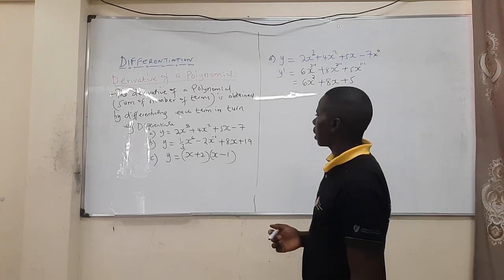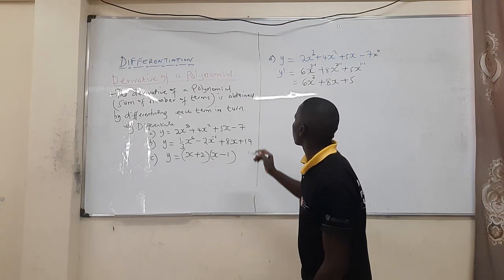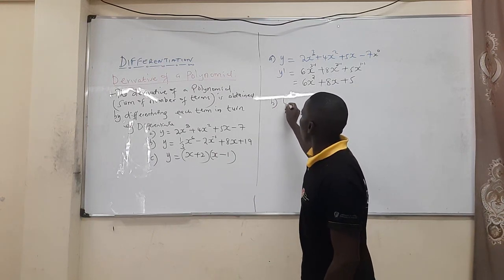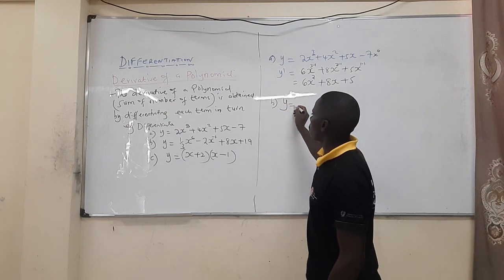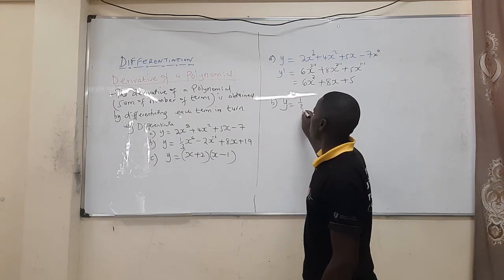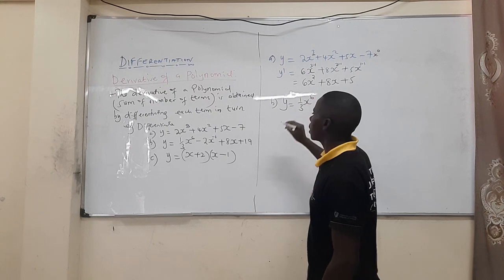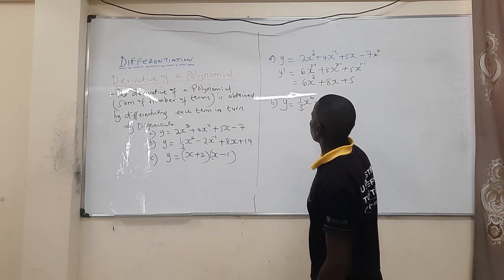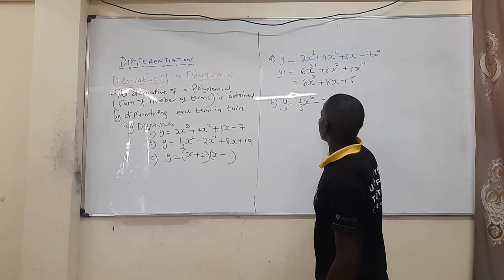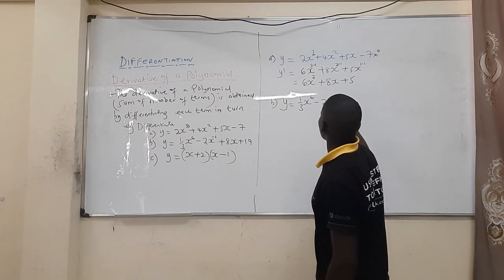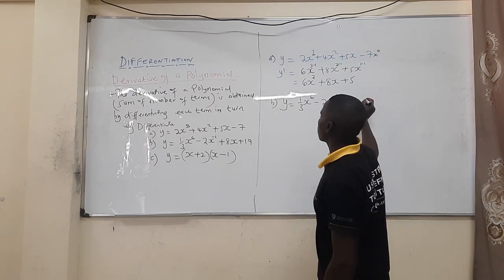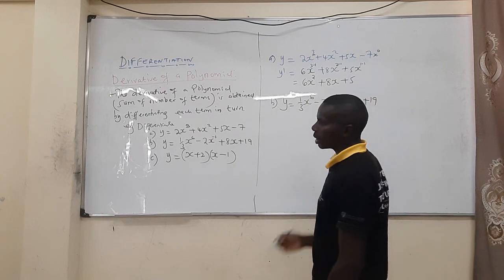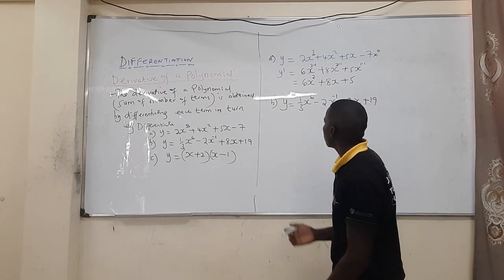Look at the second example. We have y is equals to 1 over 3 x power 6 minus 2 x power minus 1 plus 8x plus 19. That's a particular function.